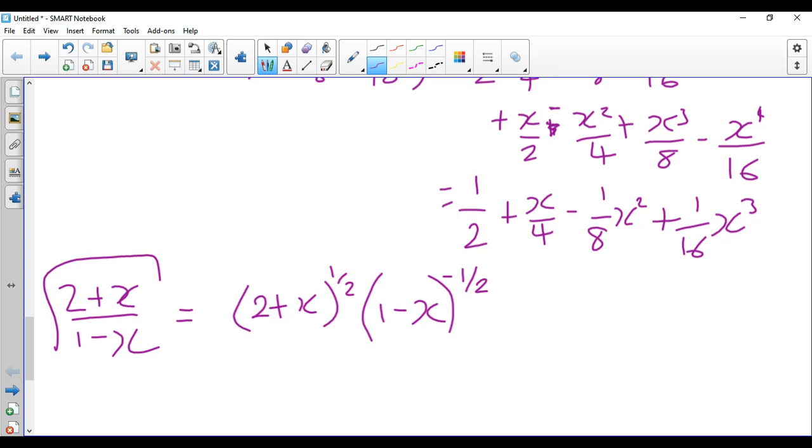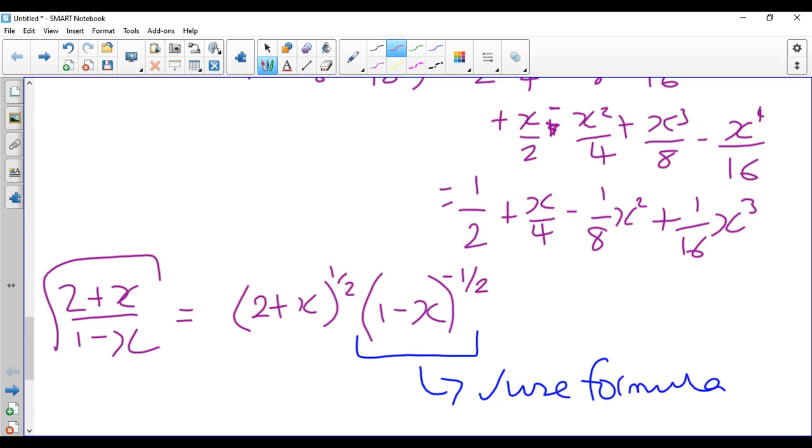Okay, so you've got 2 parts to this question. That one is just the standard: off you go, use the formula. You've got minus x though, so be careful, and you've got minus a half, but it does start with that 1.